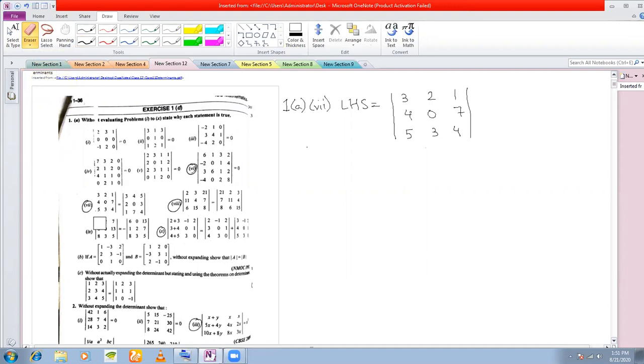Now, since we started from the left hand side determinant, we have to move from this to this. Is there any way I can move from this to this? What should I do in order to see that it becomes equal? Can you see some pattern here?